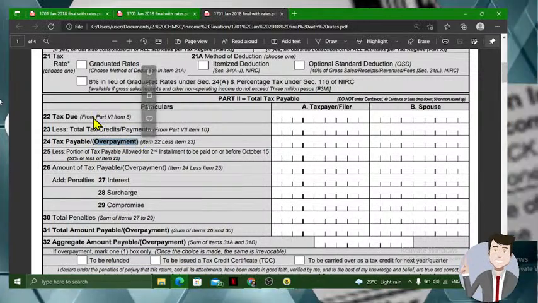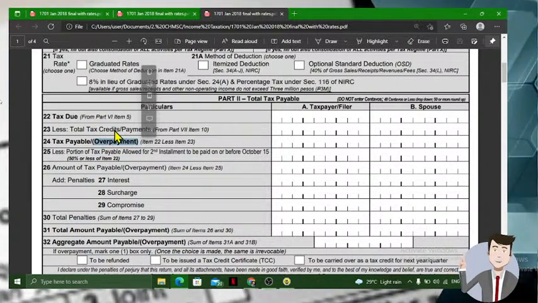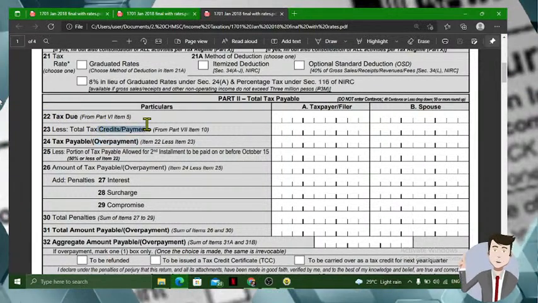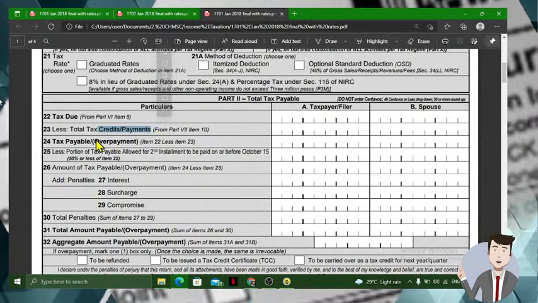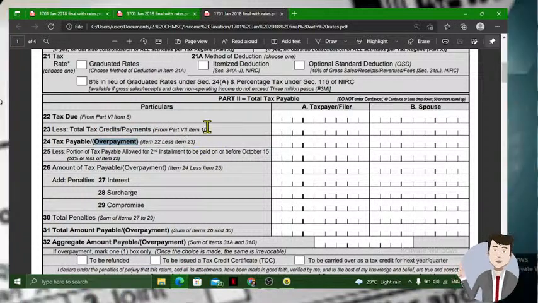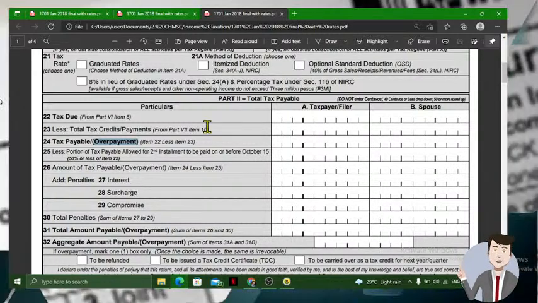Whichever is higher. If the tax due is higher than the tax credit or payment, the result will be tax payable. If the tax due is lesser compared to the tax credit and payment, the result will be overpayment. So your overpayment can be allowed as credit for next year's income tax payment.